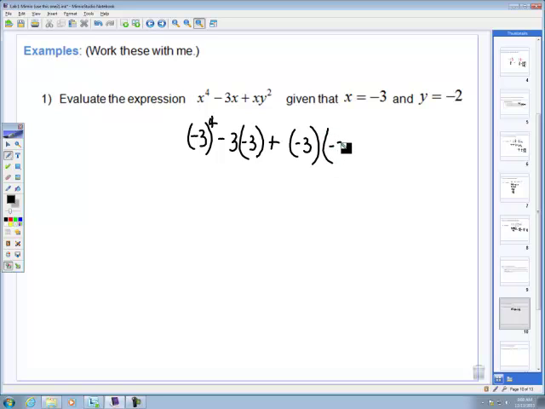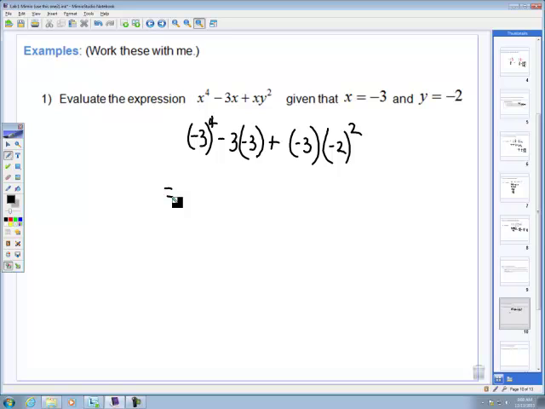So negative 2 squared. All we've done is simply plug in for the x and y variable. Our next step is to simplify the resulting order of operations problem. So we can see in this problem we have exponentiation, we have multiplication, subtraction, and addition. So let's take care of the exponentiation first.